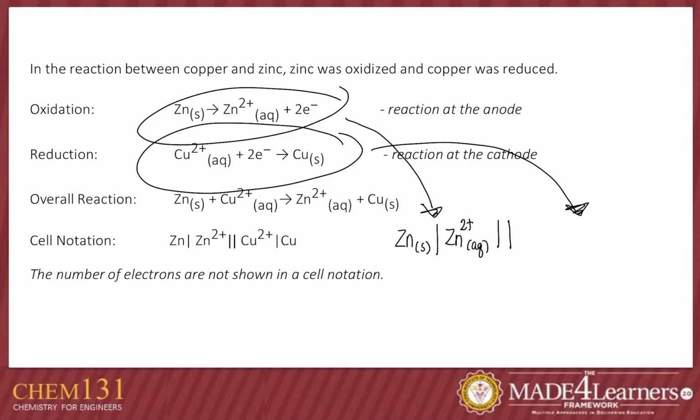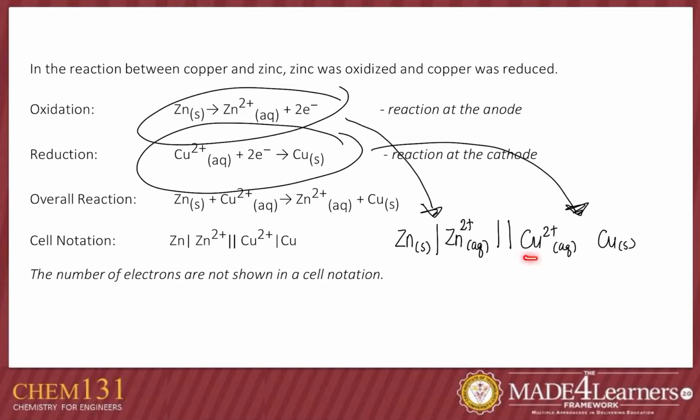In the cathode half reaction, we have the copper 2+ ion in the solution, so it will accept 2 electrons to form solid copper. So the Cu2+ aq accepts electrons and forms solid copper.